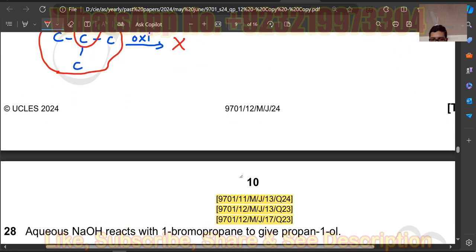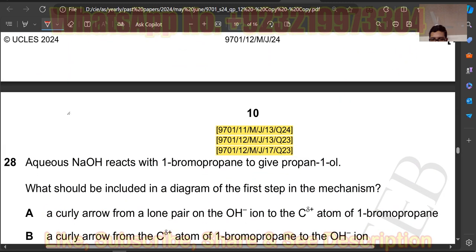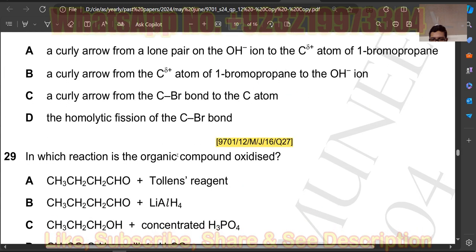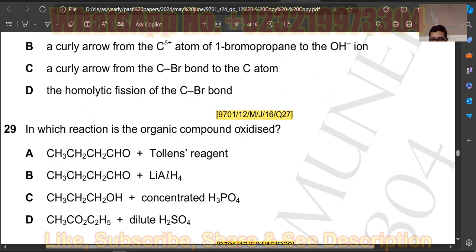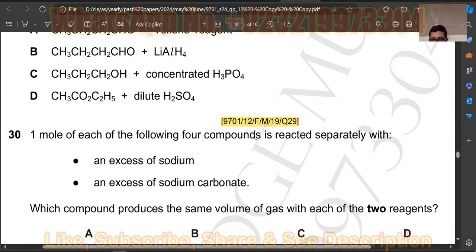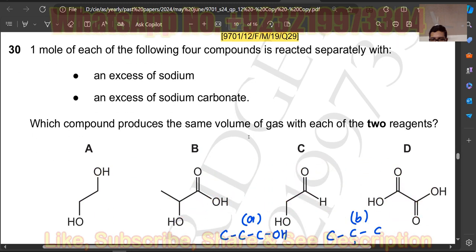Now next question number 28. As you can see that it has been repeated 3 times, and I have included 3 to 4 video links for this single question, so you can easily understand this question. Then question number 29 is also repeated, and its video links are present in the description. Question number 30 is repeated, it is present in the description.